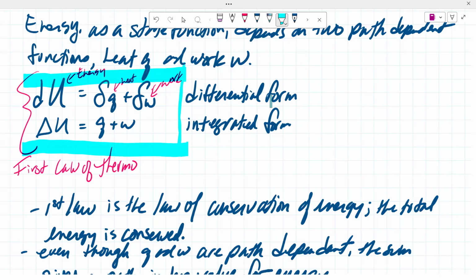You want to make sure you know this one. The two things compensate for each other. That's really what this is saying.